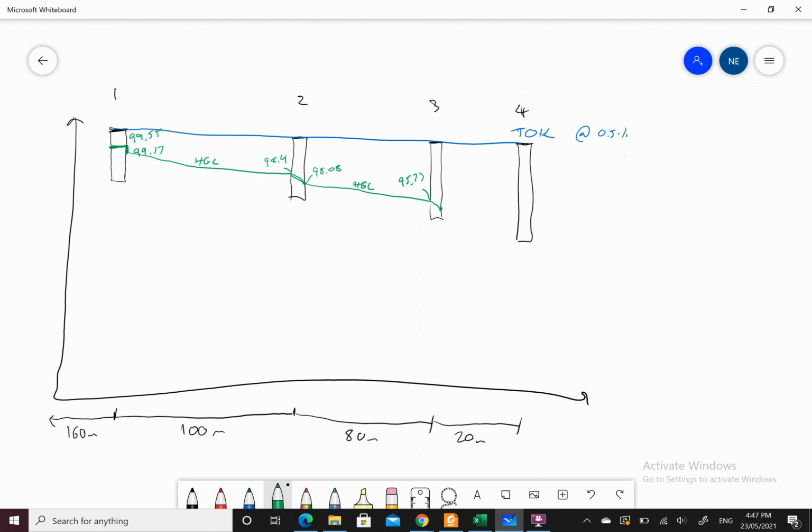So let's chuck these in. That level there is 95.29. That then falls with our slope, and that will land at some mark here, which is 94.04.